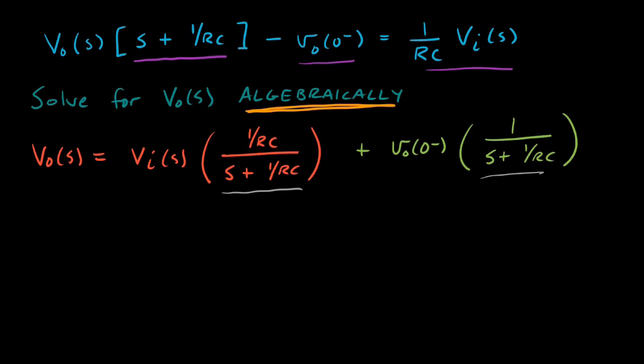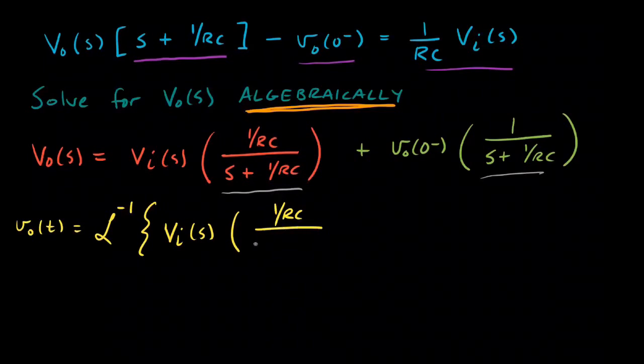And essentially then we could convert back to the time domain by doing the inverse Laplace transform. So I'm going to say that V out of t is going to be the inverse Laplace transform of the quantity Vi of s times 1 over RC over s plus 1 over RC.